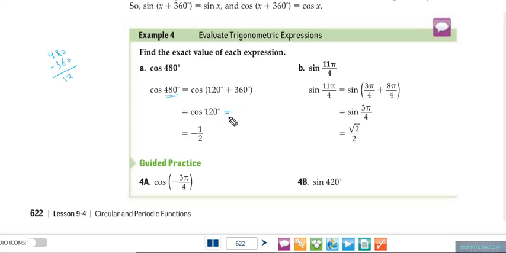So cosine 120 is exactly like cosine 60, but of course in negative. So it will be negative half.